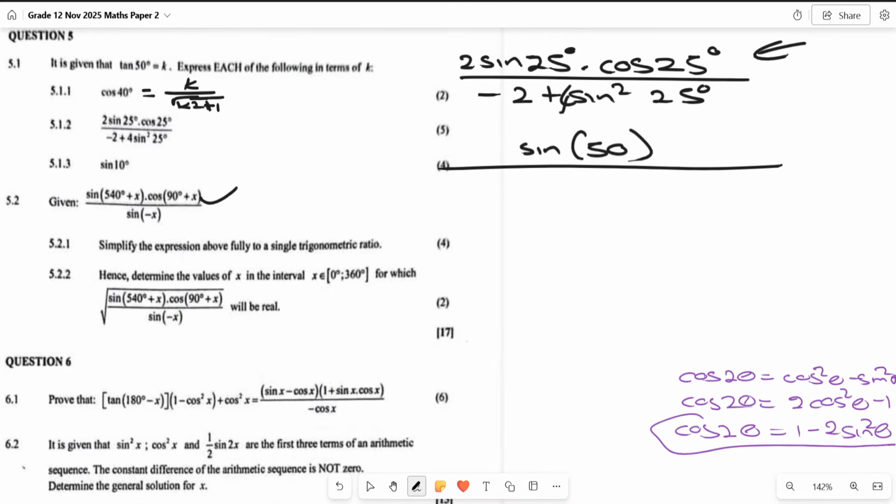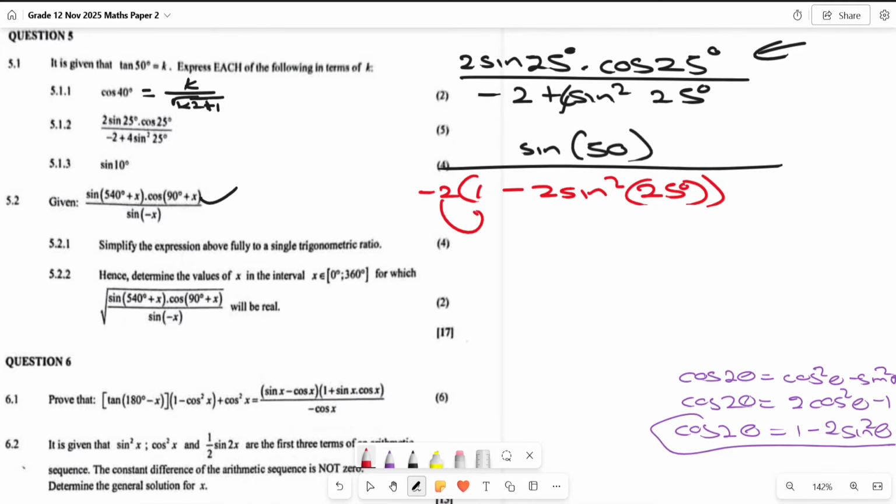So we just need to make the denominator look something similar to that, which won't be a problem because we just have to factor out minus 2. If we take minus 2 out, it'll be 1 minus 2 sine squared 25. The reason why I did this is because when I multiply this, it's going to be minus 2, and when I multiply that, it will be positive 4.